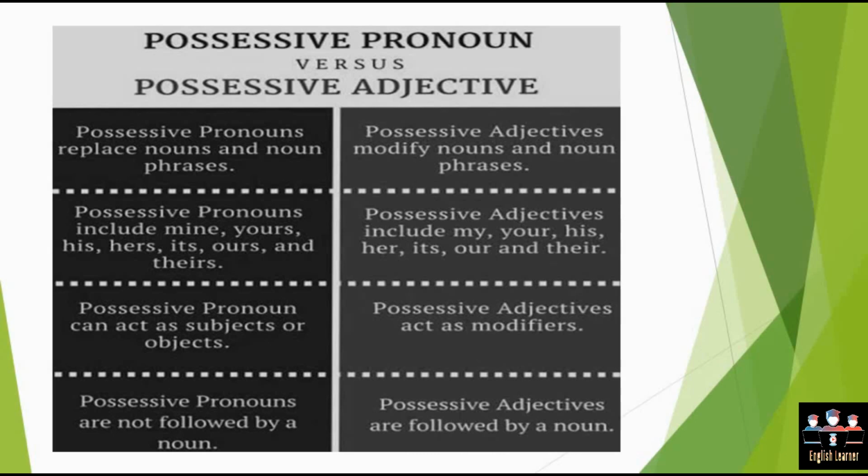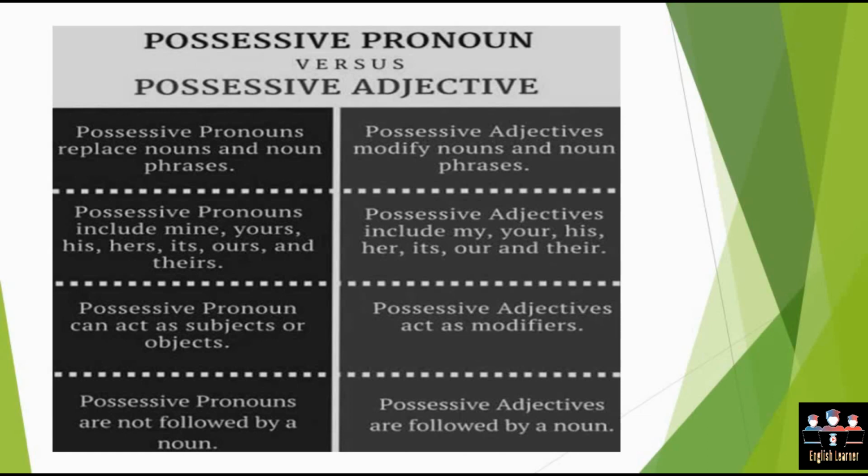Number 2 point is possessive pronouns include mine, yours, his, hers, its, ours, and theirs. These are the list of possessive pronouns, whereas the possessive adjectives will include my, your, his, her, its, our, and their. There is a slight difference between these two.